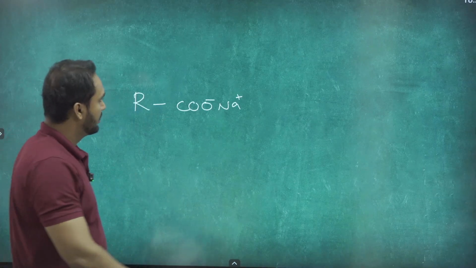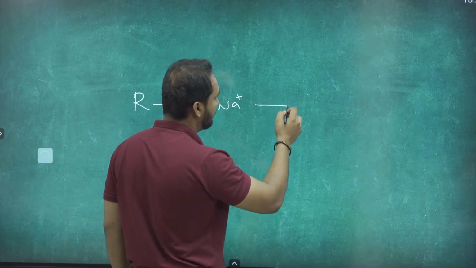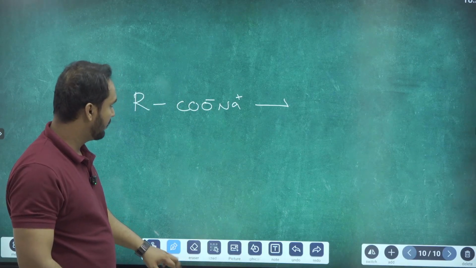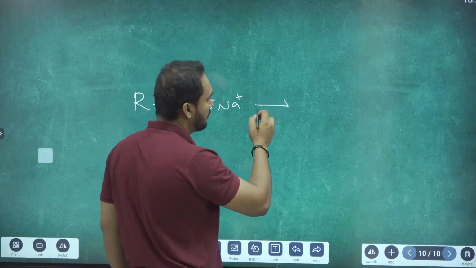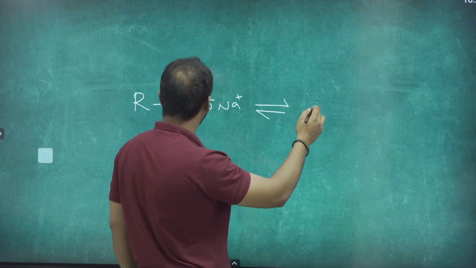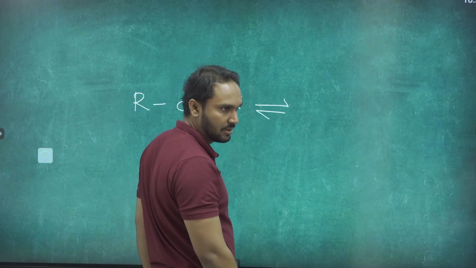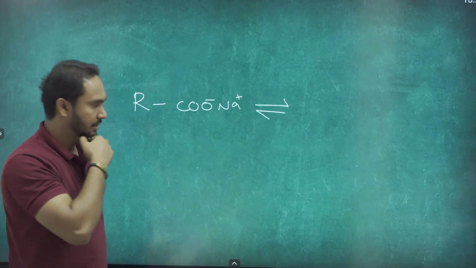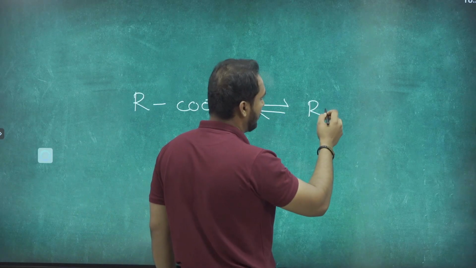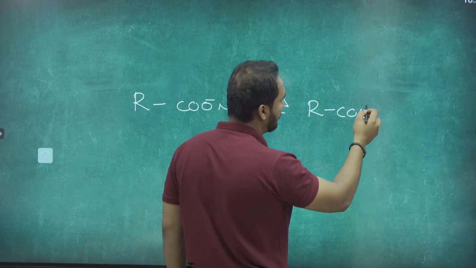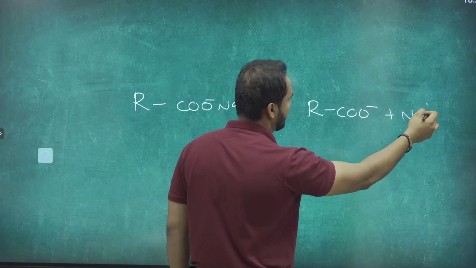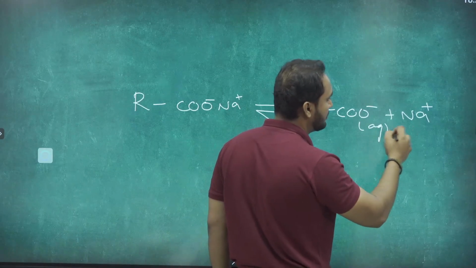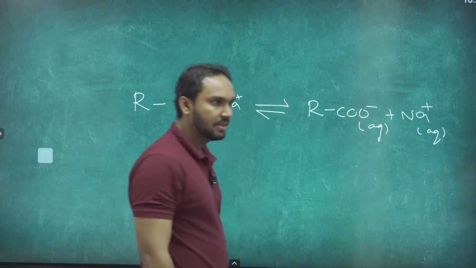When the soap reacts with water, this soap molecule breaks into two parts, which is an ionization process. Dissolving in water means ionization. So R-COO⁻ and Na⁺ break down into two. This is simply dissolving.